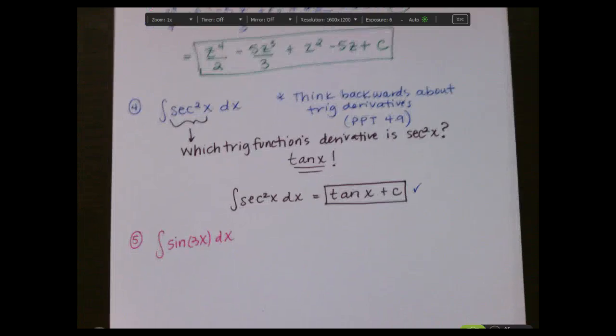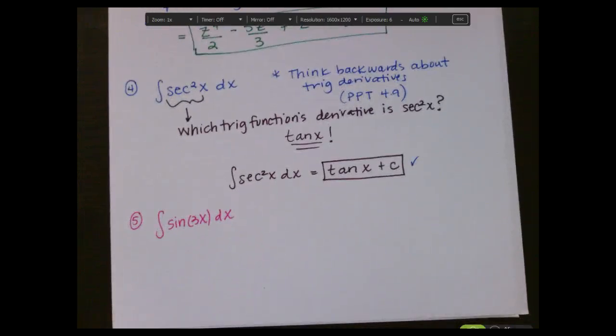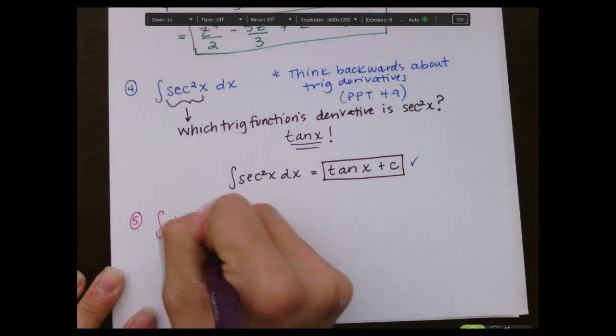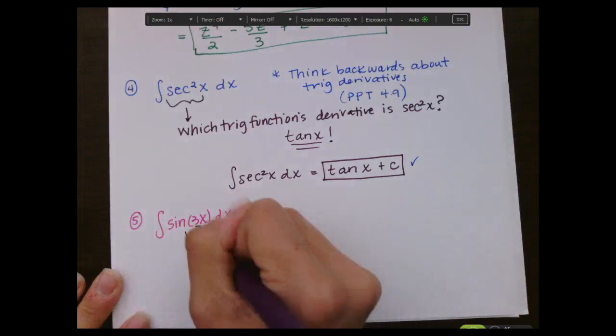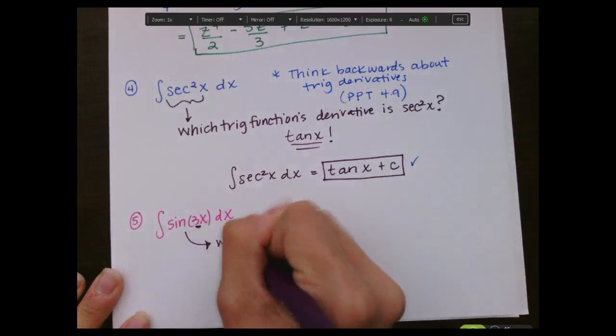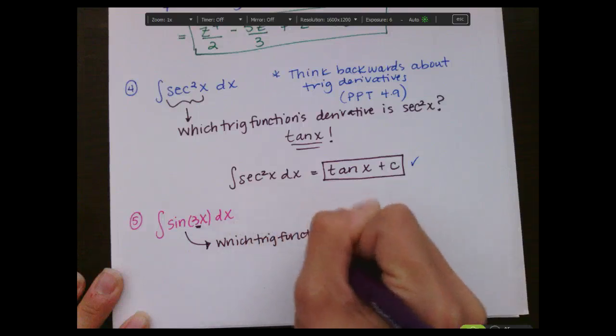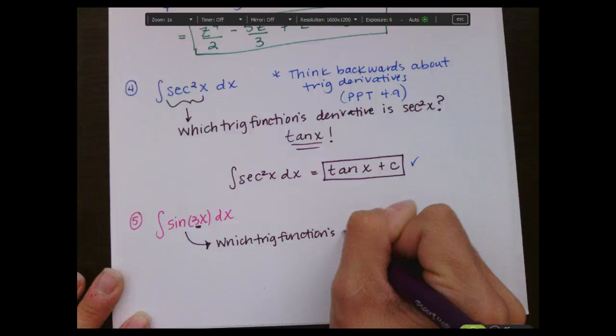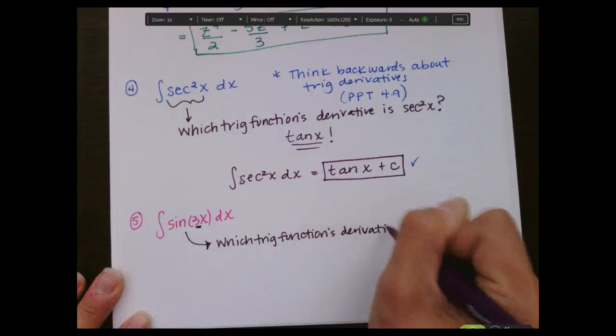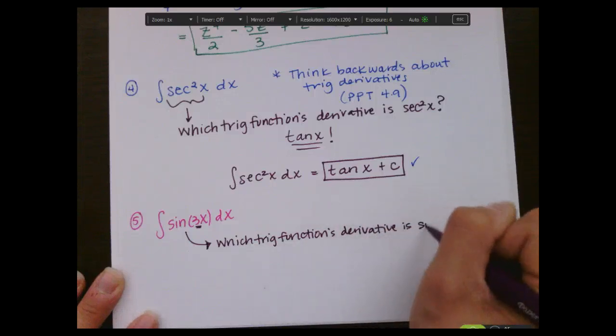So in this one, we're trying to take the antiderivative of the sine of 3x dx. And so this one's tricky because of the 3. So the first thing you should ask yourself is, which trig function's derivative is the sine of x?